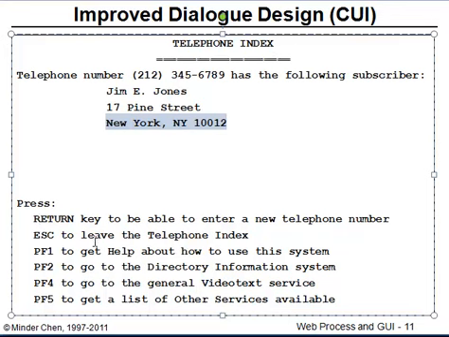And we list all the PF keys and explain what they are. For instance, the escape key is to leave the whole system, and the return key is to enter another new telephone number and search another subscriber, because that's the most likely next move. And there are some other PF keys to use other services.